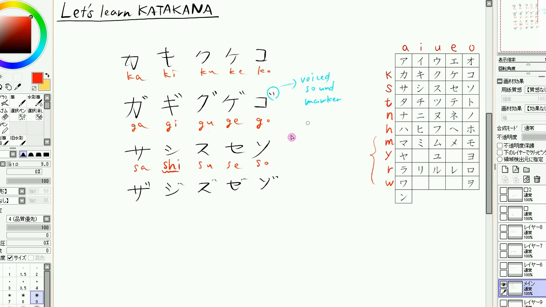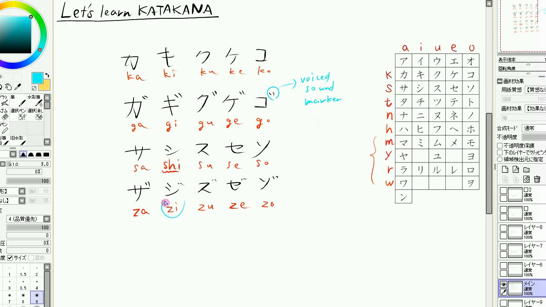So how do we pronounce them? First of all, this one is za. Okay, so this will be zu, ze, and zo. However, one of them is wrong. I'm sure you already know that, because this one was shi.